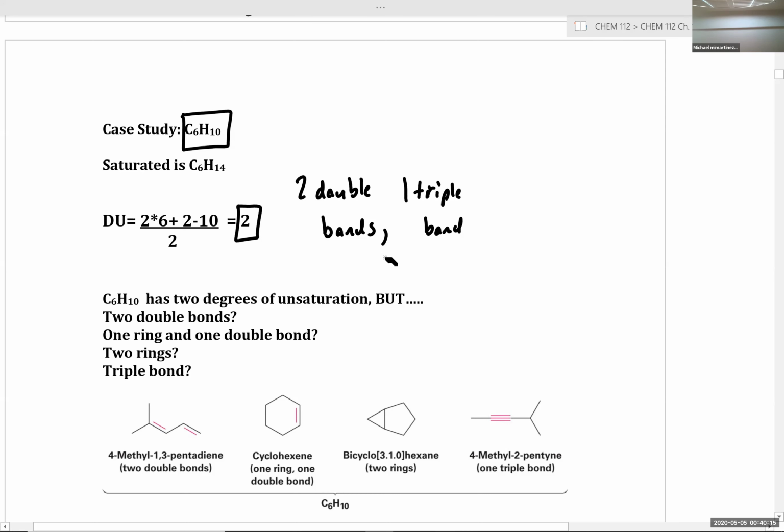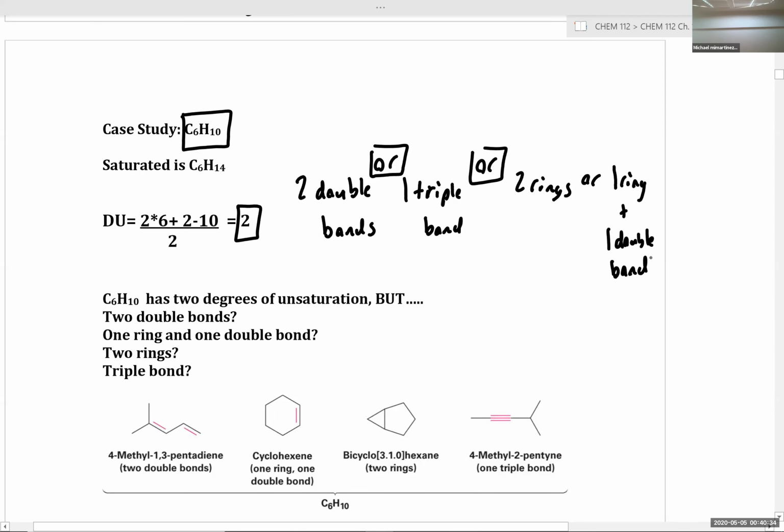So let's put an or symbol just to say we can have either of these options, or 2 rings, or 1 ring plus 1 double bond. Okay, wonderful. So DU tells us the total number of carbon-carbon multiple bonds and or rings.